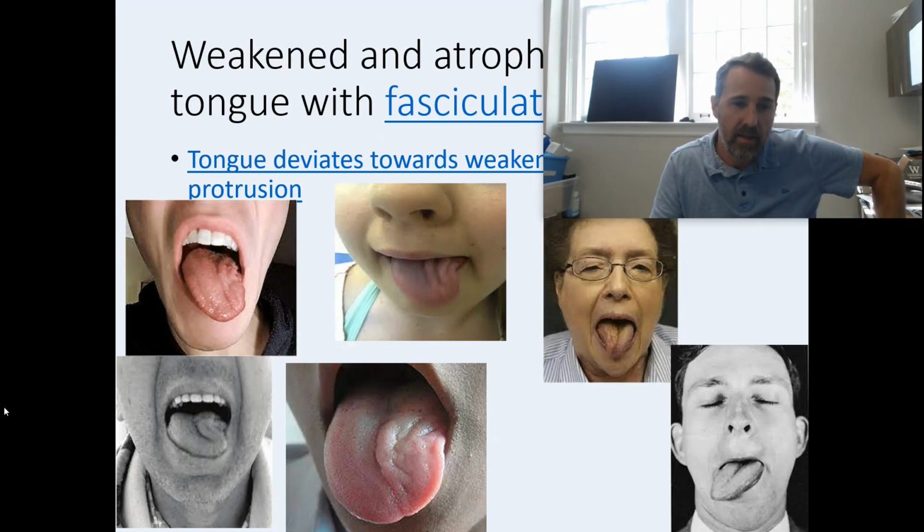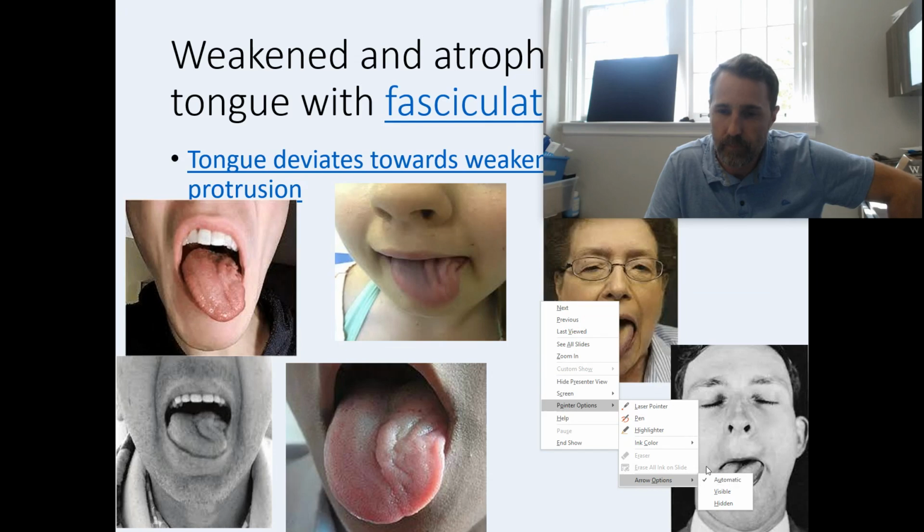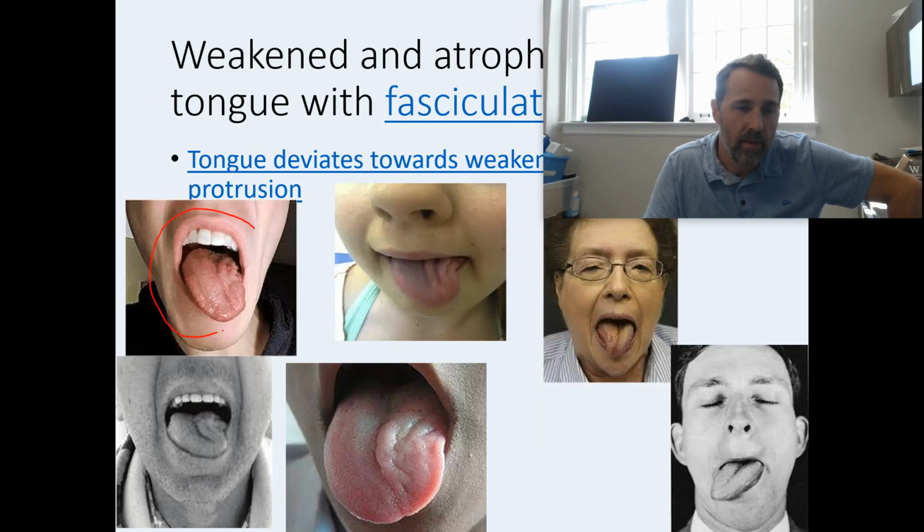So looking at these guys, and this is the kind of thing you would see during your oral motor eval. Looking at this patient, the tongue is deviating to the left, so there's a left lingual weakness. Same with this child, tongue is deviating to the left, so there's a left lingual weakness.